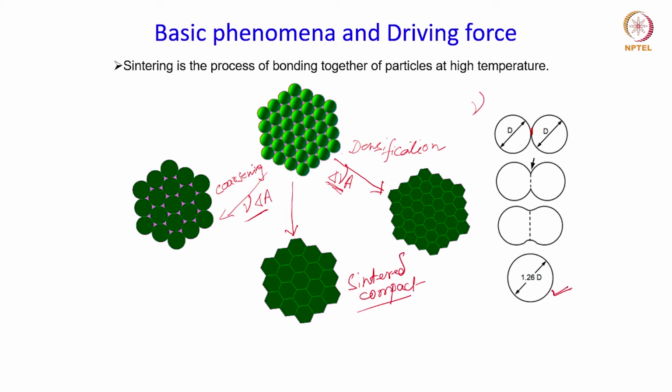So therefore, the total change in the surface energy, delta gamma A, will be given by these two contributions, one from densification and the other from coarsening.